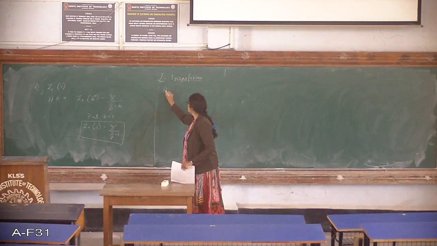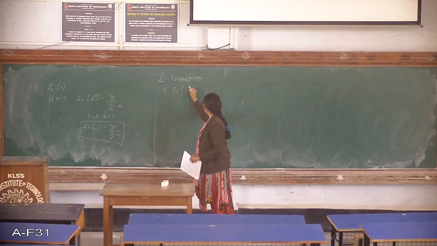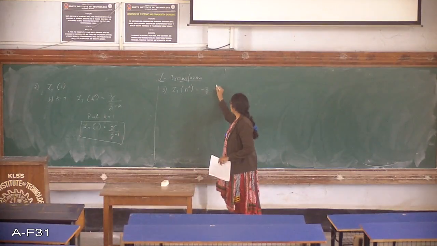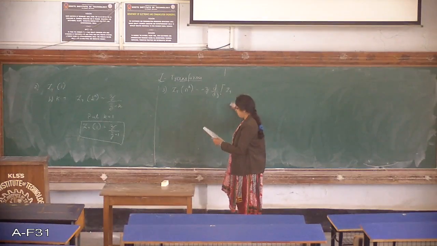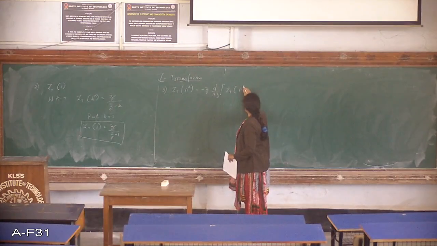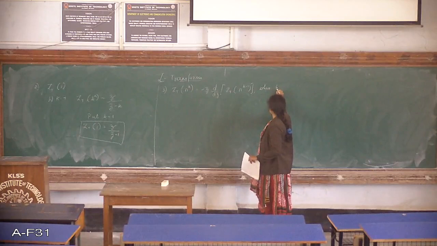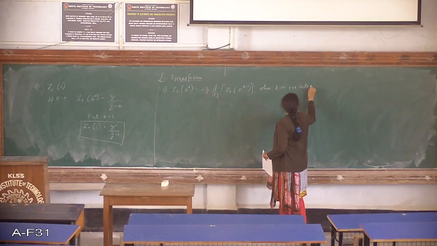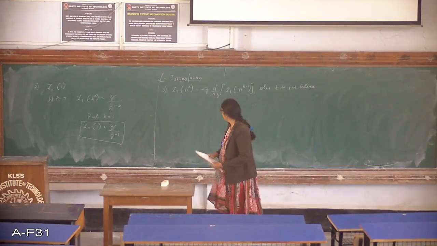The third one is the z transform of n raised to k, given by minus z d by dz of the z transform of n raised to k minus 1, where k is an integer, right? So in particular k is a positive integer.